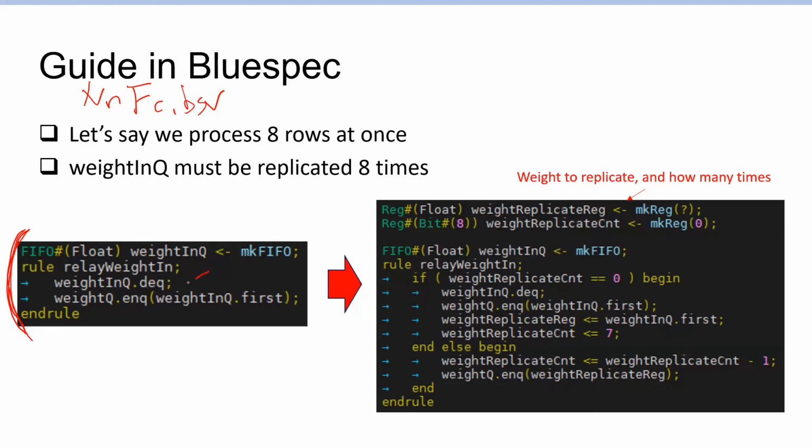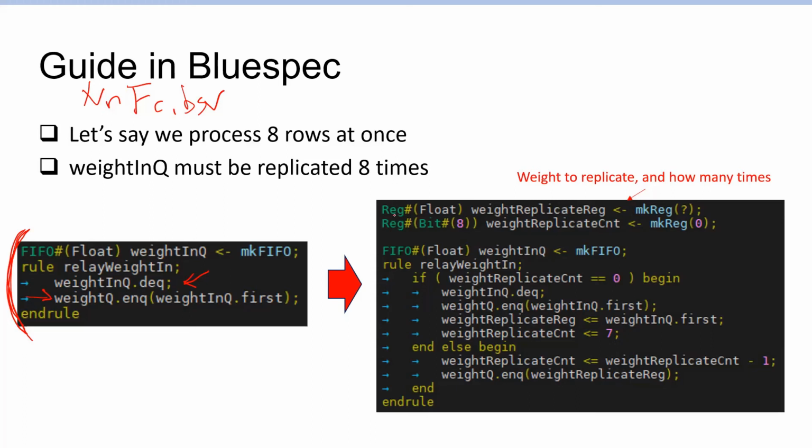This is weight in queue, where the weights come in from the outside world. And this is just a rule that relays it to the weight queue, which the PE will use to actually do something. And because we want to process 8 rows at once, each of the columns of which are coming in an interleaved fashion, all we have to do is replicate every single weight value 8 times.